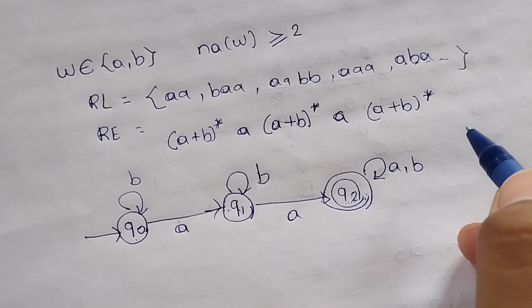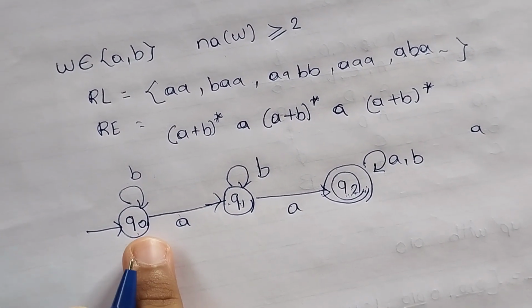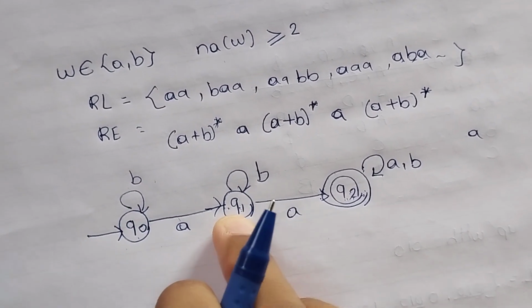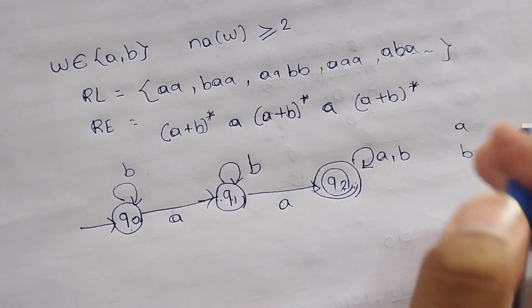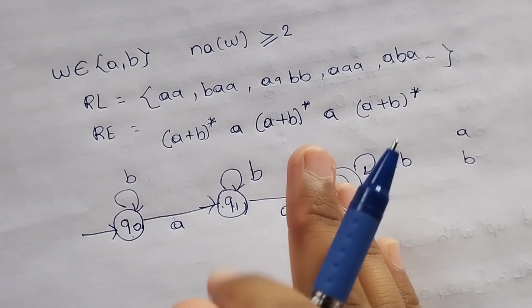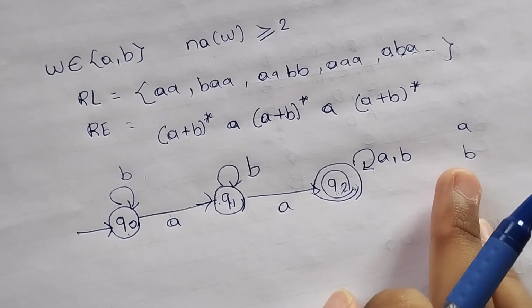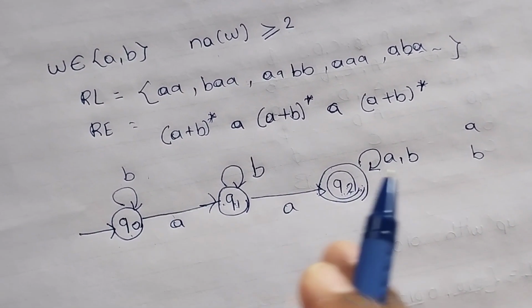Let's suppose only a single A comes. Then it is not accepted, as we see this single A only transfers to Q1, which is not an accepting state. If a single B comes, we know A must come in the string, so with only B, A does not come into the picture and it is not accepted.